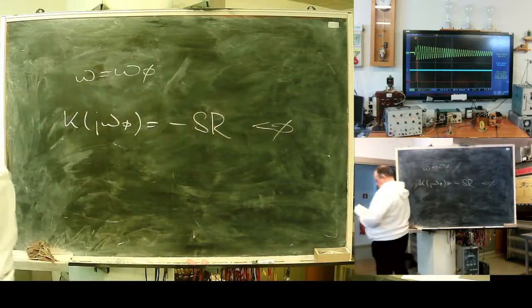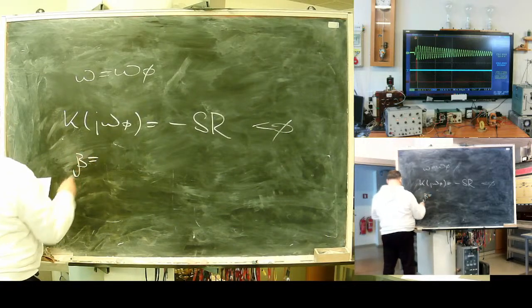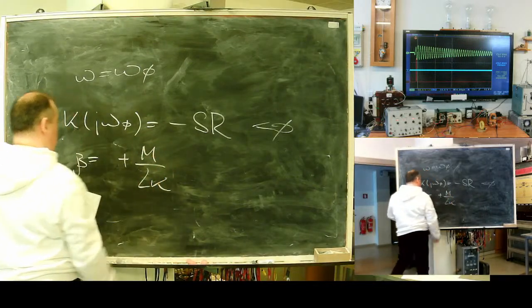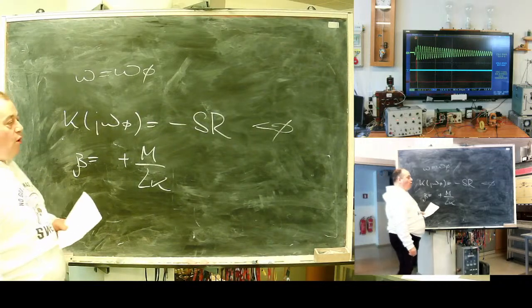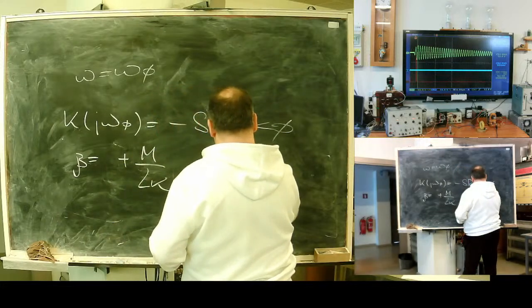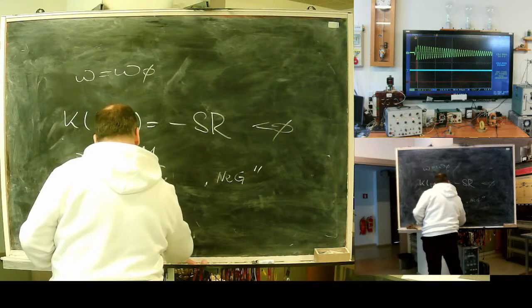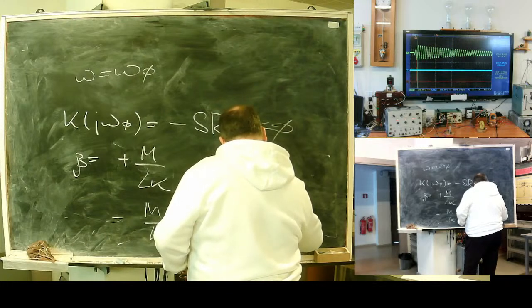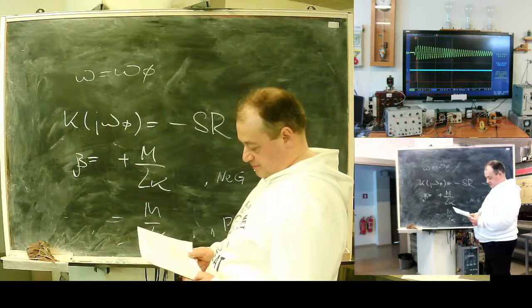So if beta is positive, this means the overall return will be negative. If it's minus, I will have positive return. Clear?